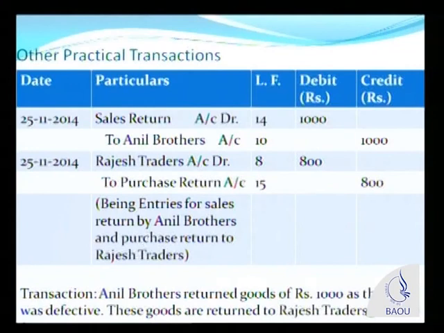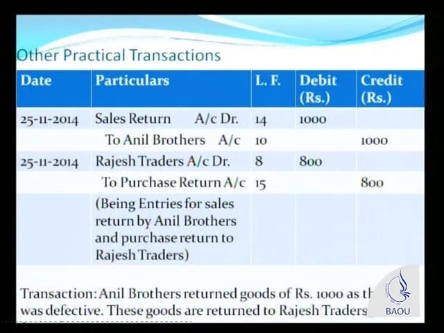Now, when you sell the goods, you usually sell them at a margin of profit. And I have given information here that we have returned it to Rajesh Traders for rupees 800. Now, why 800? I might have purchased goods from Rajesh Traders for 800 and I might have sold these goods to Anil Brothers for 1000 rupees.